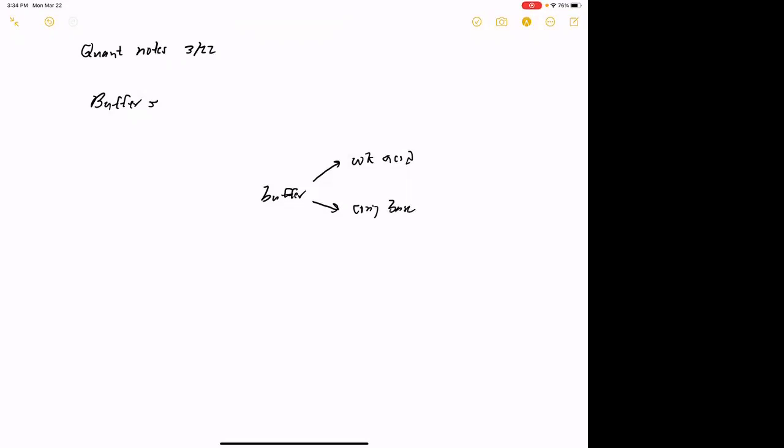So we could have, for example, acetic acid. That's a good example of a weak acid. Sodium acetate. So I'll just put the acetate ion there. Okay, so there you go. So you've got a weak acid and its conjugate base. All right, so that would constitute a buffer.